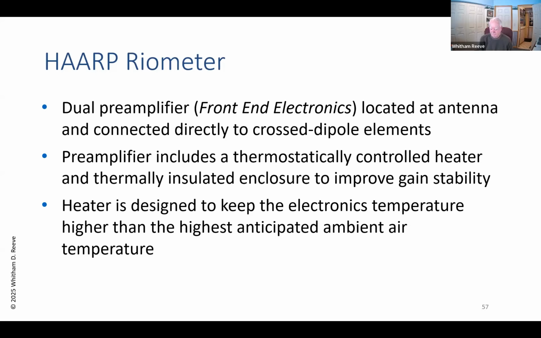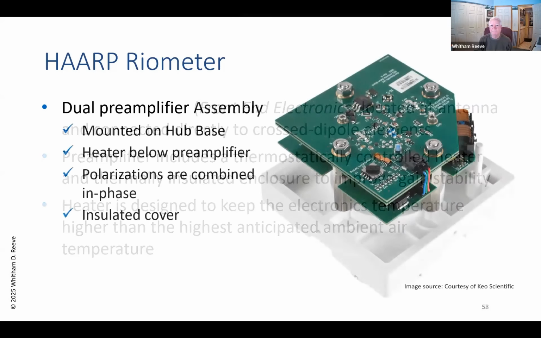And the heater is designed to keep the electronics at a higher temperature than the highest anticipated ambient temperature. And at HAARP, the temperatures can get in the neighborhood of 90 degrees Fahrenheit during the summertime, and during winter can get easily down to minus 40 Fahrenheit.